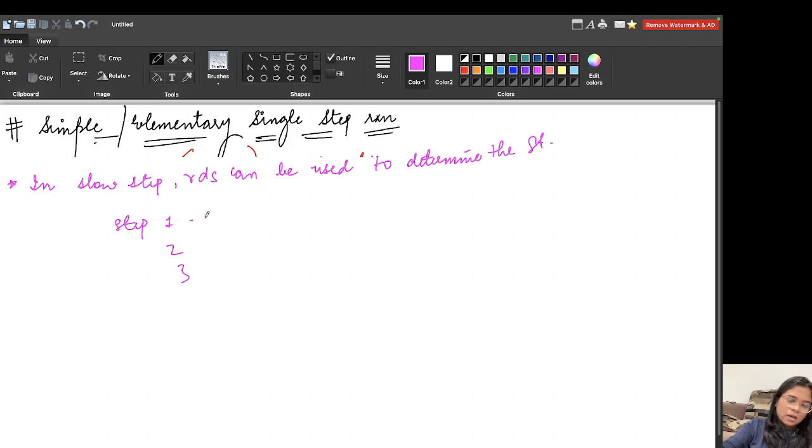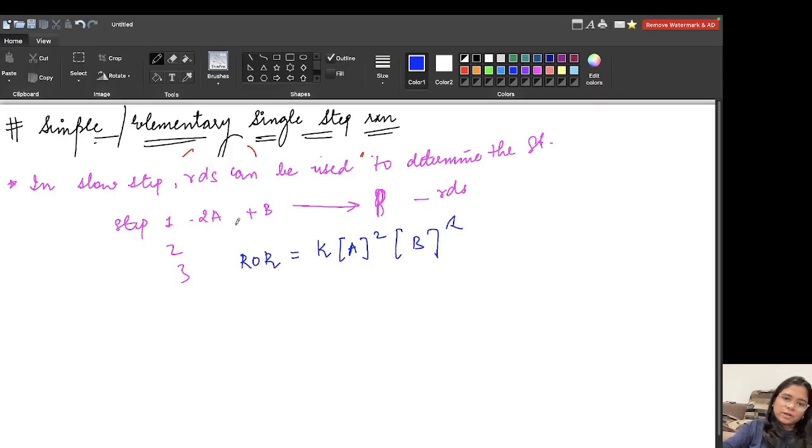Suppose step 1 was the RDS step, the slow step, giving me P. So now I can predict my rate of reaction according to whatever step is slowest. The rate of reaction will be equal to K [A] raised to the power 2 [B] raised to the power 1. Why? Because we are taking the stoichiometry of the slow step.